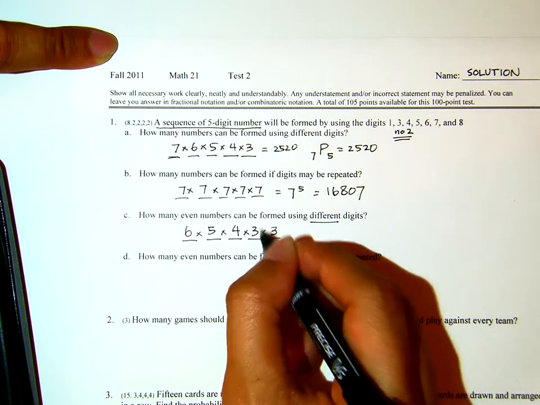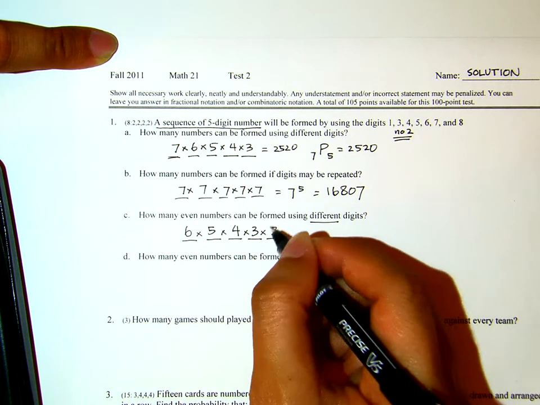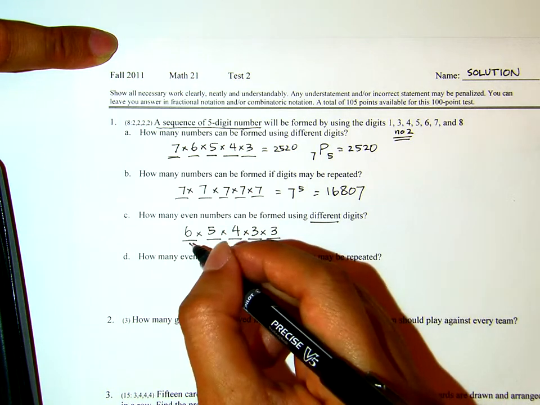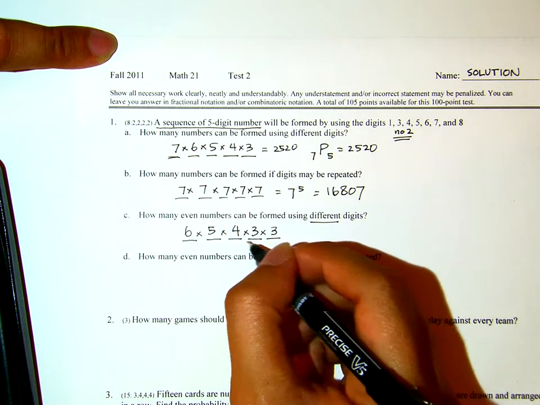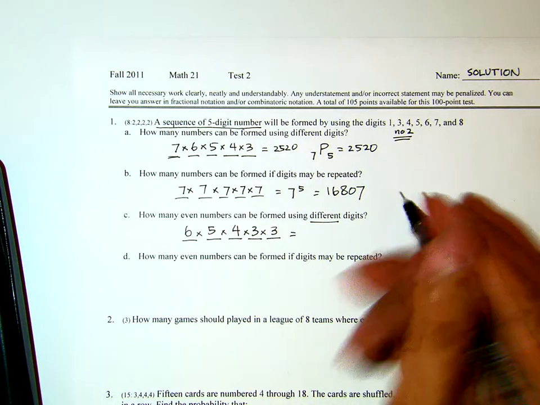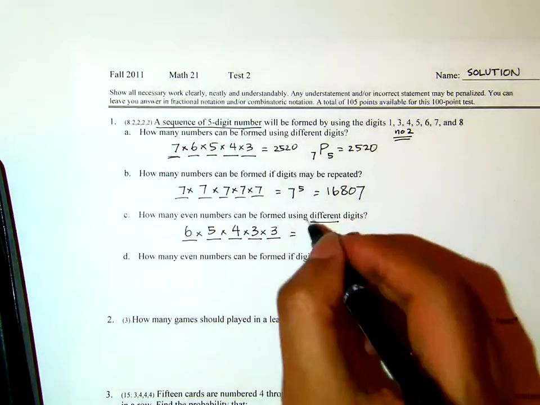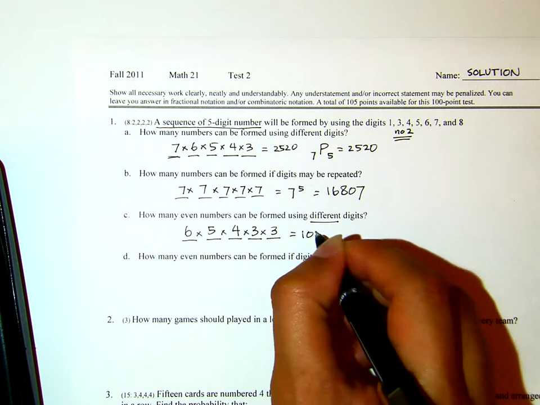Because we first work on the last digit, we put an even number there, and then from there we do the first, second, third, fourth digit. Now if I use my calculator, I get 6 times 5 times 4 times 3 times 3. That gives me 1080.